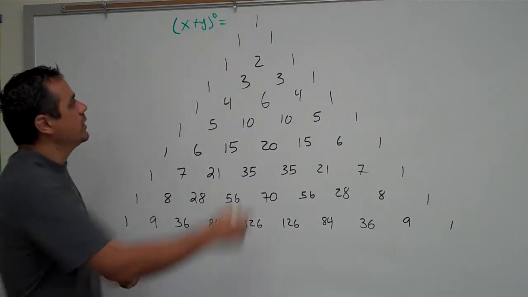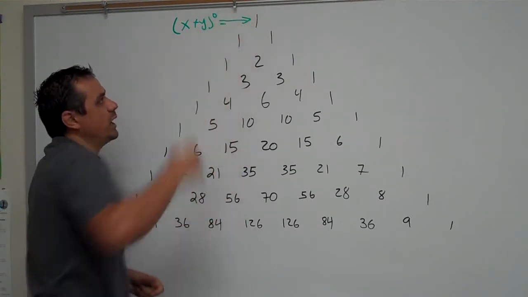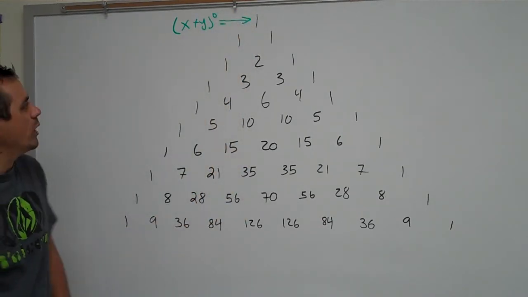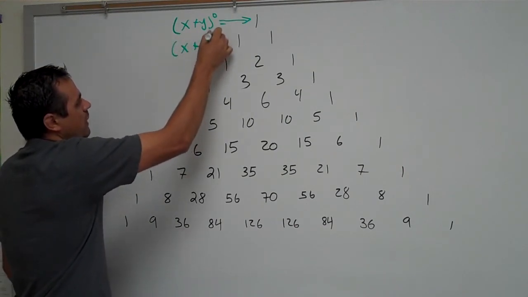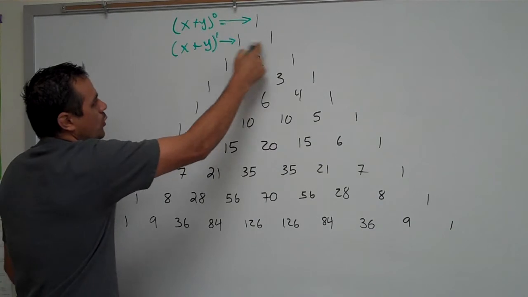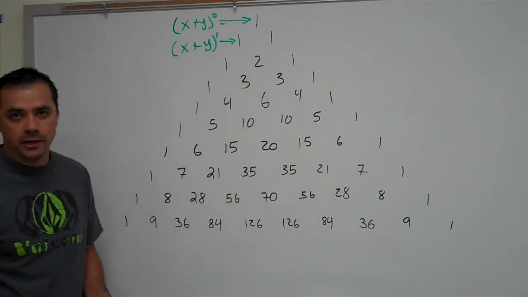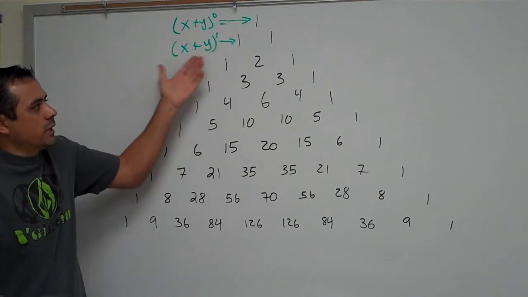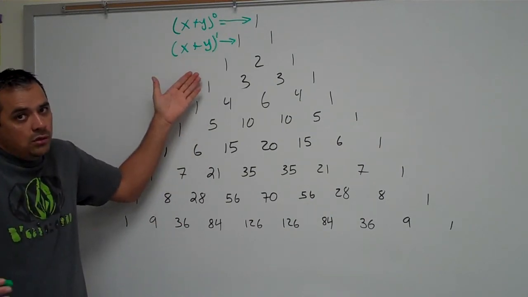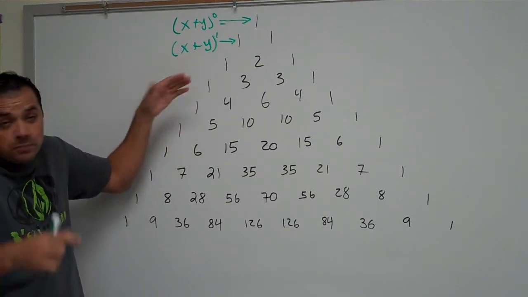So this right here is your x plus y to the 0 power. Well, if you're going to do x plus y to the first power, these are your coefficients. Think about it. If you have x plus y to the first power, can you do anything? Are you going to multiply by anything? No, you're done, right? Wouldn't it just be x plus y?